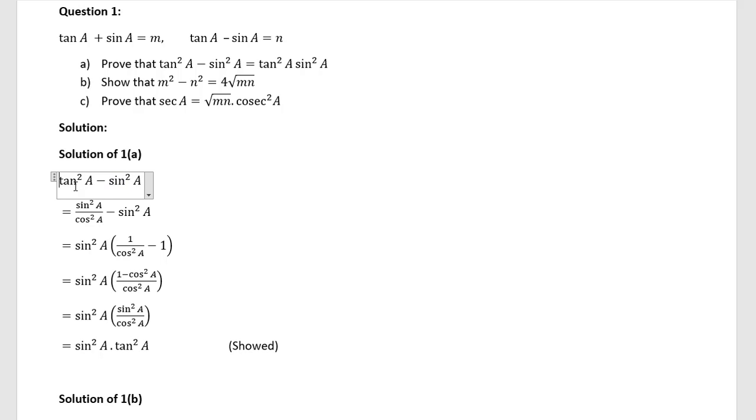We know that tan square equal to sin square a by cos square a. So if we write this, we can take sin square a as a common factor. This is the secret of applying this formula.